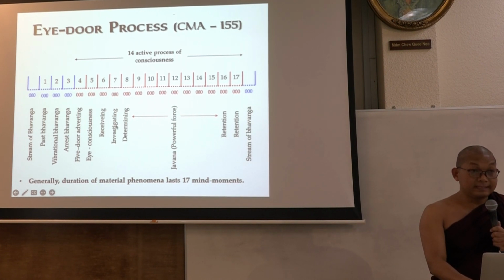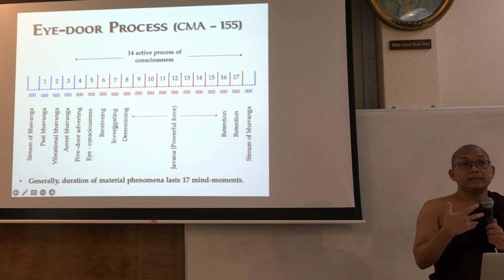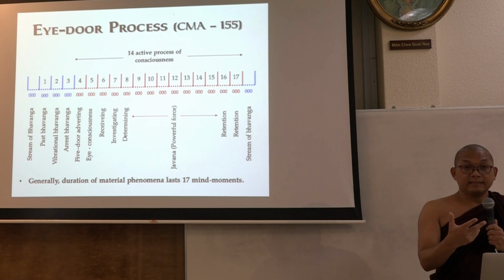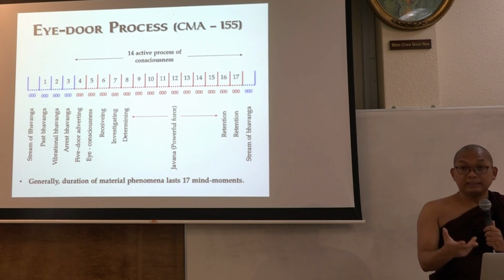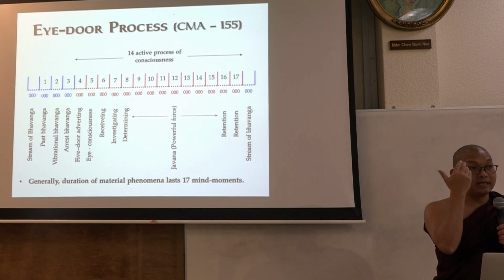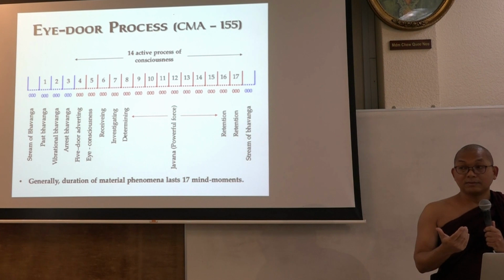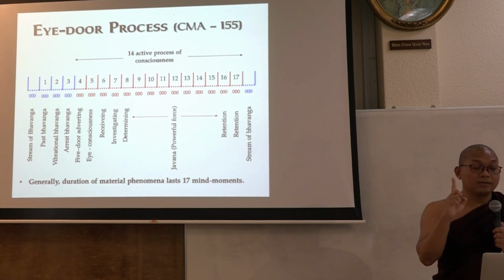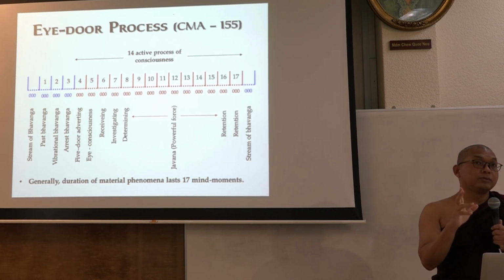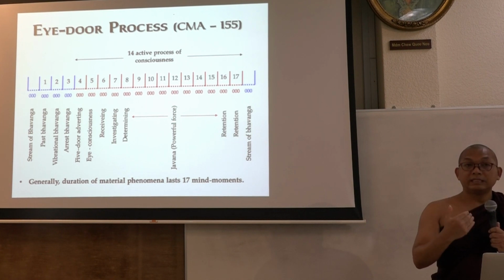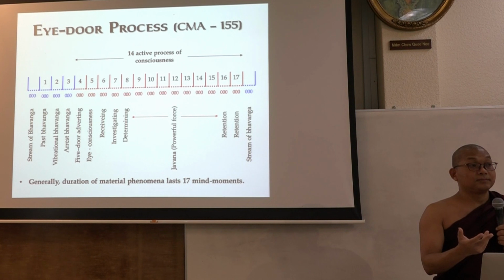Then investigating. When your mind investigates an unpleasant object. Sometimes we see unpleasant things with the eye, right? So the mind investigates what it is. So that is one. Another one is when your mind is investigating a pleasant object.